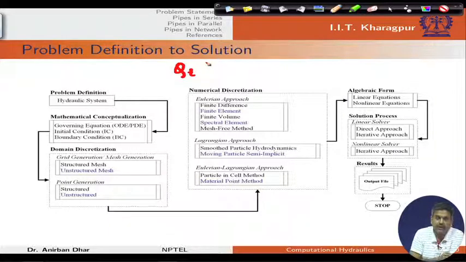So, if I is the pipe number, then we are interested in defining or finding out the discharge value at different pipes. Obviously in this case whether the flow is from positive or negative direction, that is important.